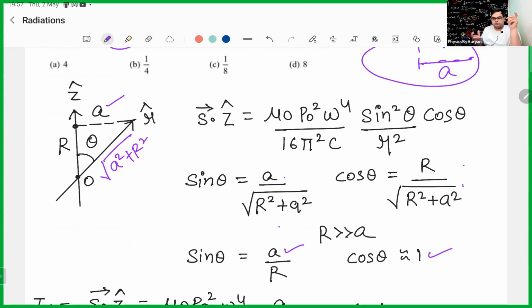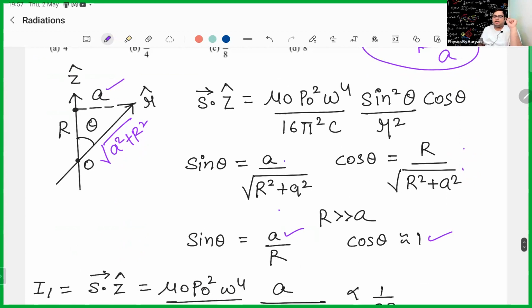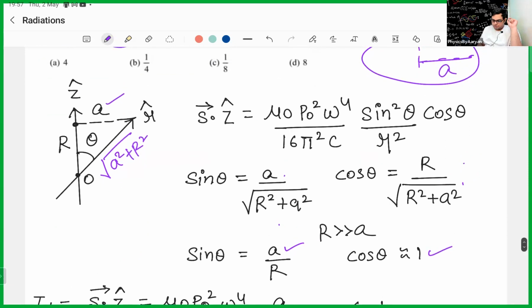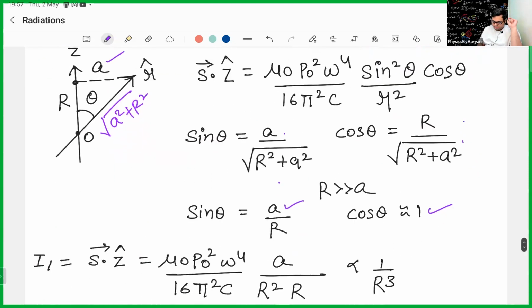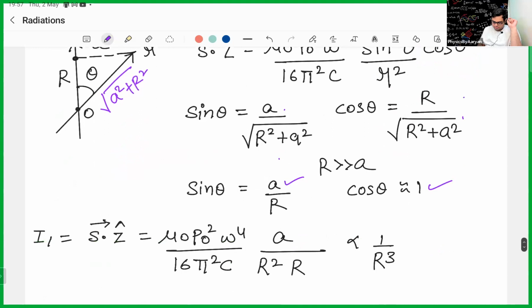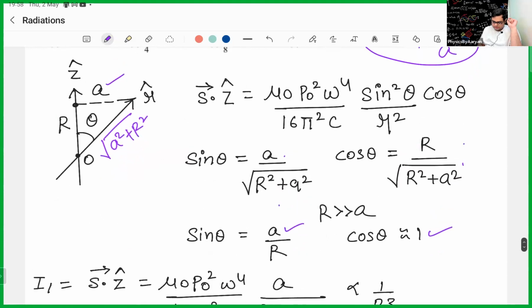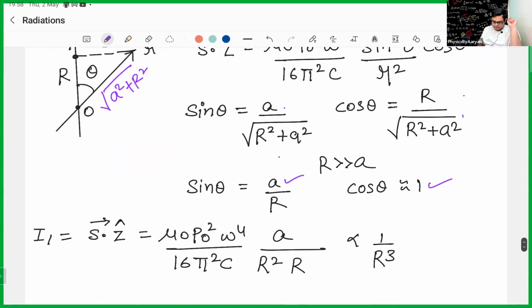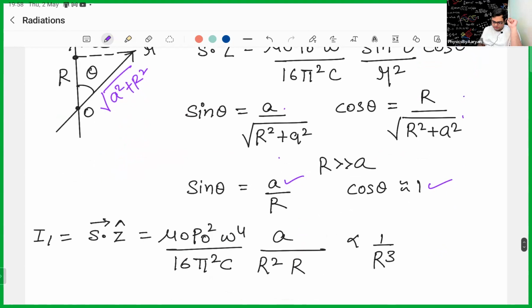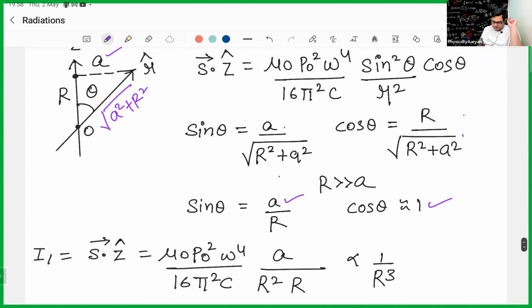So cos theta is almost 1, but sine theta is A by R. Perfect, right? So A by R.